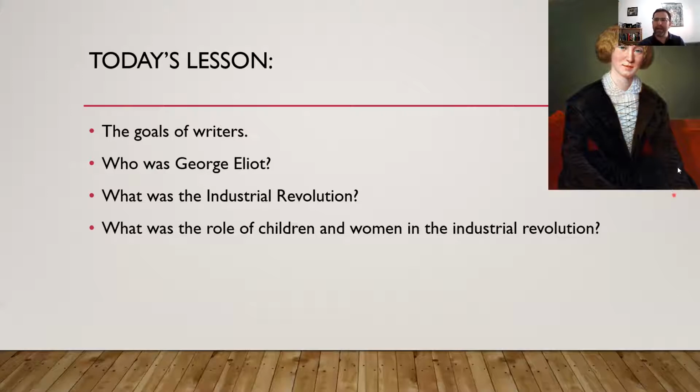So we need to understand why in the Industrial Revolution, a woman was writing under a male name, George. What was the Industrial Revolution? If we want to understand why she's writing about the Industrial Revolution, we have to understand what it was. And then, because she's writing about children and women in the Industrial Revolution, we need to understand what the role, the tafkid, of women and children was in the Industrial Revolution.